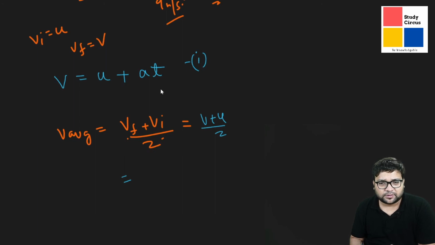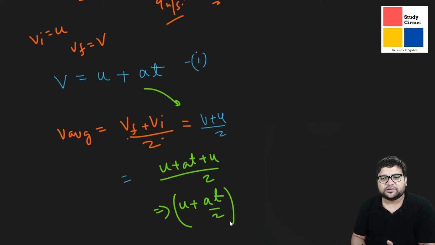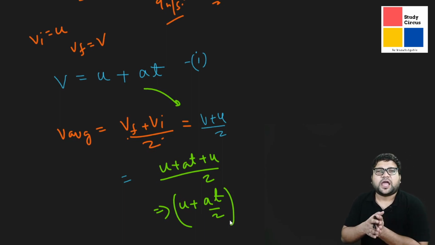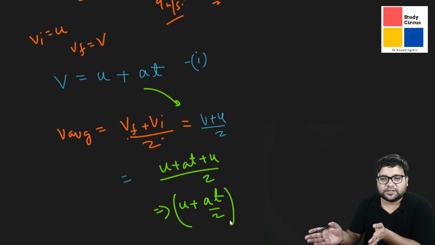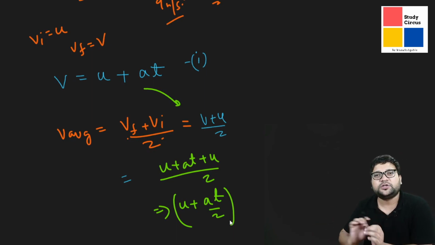I can plug the value of v here, you get u plus at plus u upon 2. So that is u plus at by 2. This is the average speed of a body that is accelerated uniformly. This much you can take to be the average speed for the whole journey.